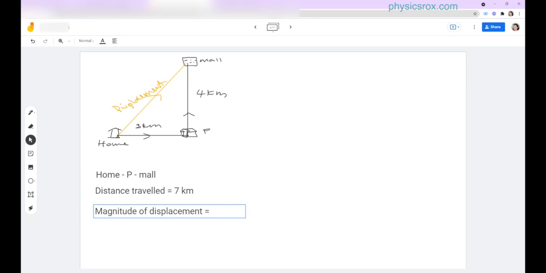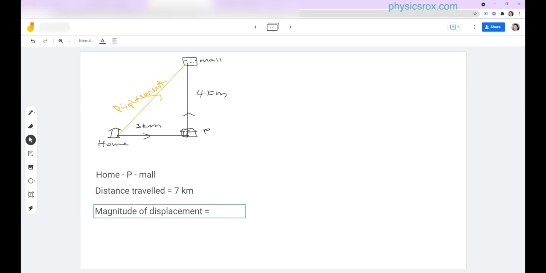Okay, counted already? No, you use Pythagoras theorem. No need to use the cosine rule, you don't have the angle.